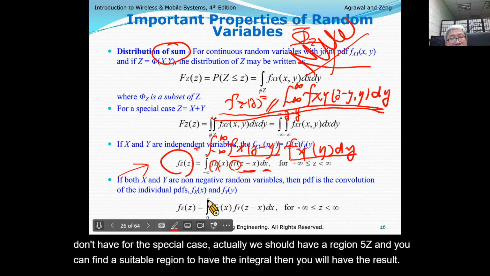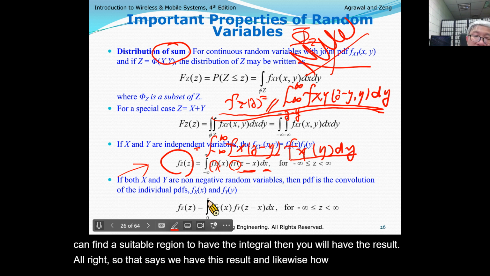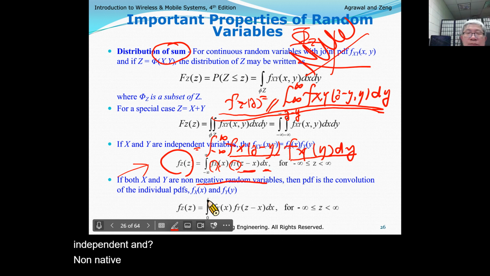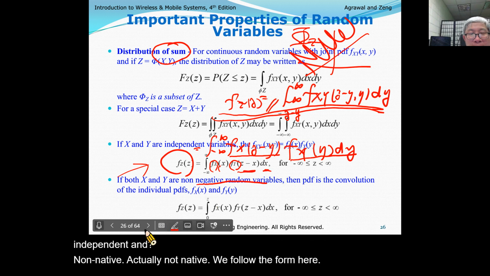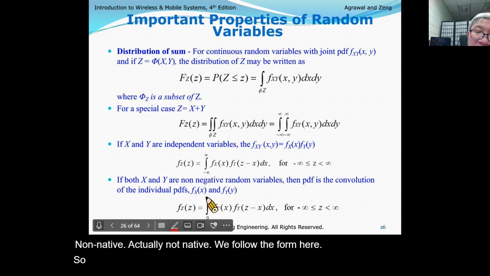All right, so that says we have this result. And likewise, how about independent and non-negative? For non-negative, we follow the form here. Previously I had the derivation for the general one.